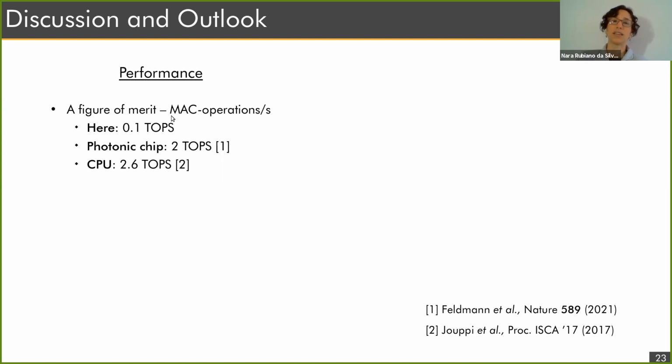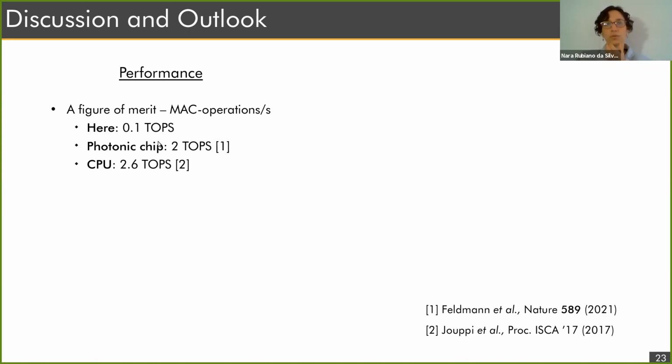So here, by taking into account a usual SLM display size and the refreshing rate, or how fast we can change the phase mask in the SLM and so on, we can compute this figure of merit to be 0.1 tops.